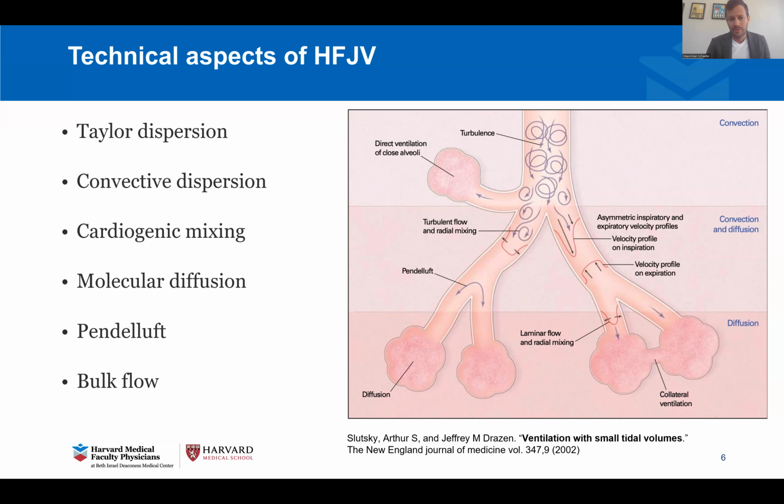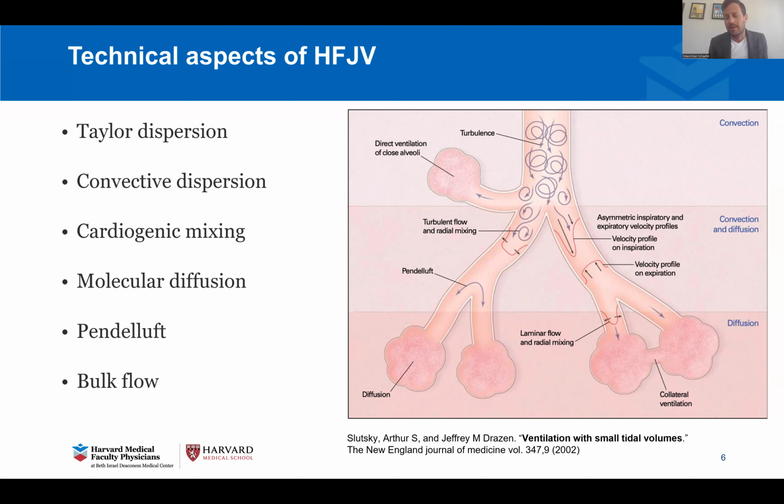There's Pendelluft, which describes intrapulmonary movement of air from more overdistended or more ventilated to less ventilated areas, and bulk flow, which basically means that the air is being pushed in with every subsequent breath until the applied tidal volume ultimately reaches the distal airways and the alveoli with more subsequent inspiratory cycles.